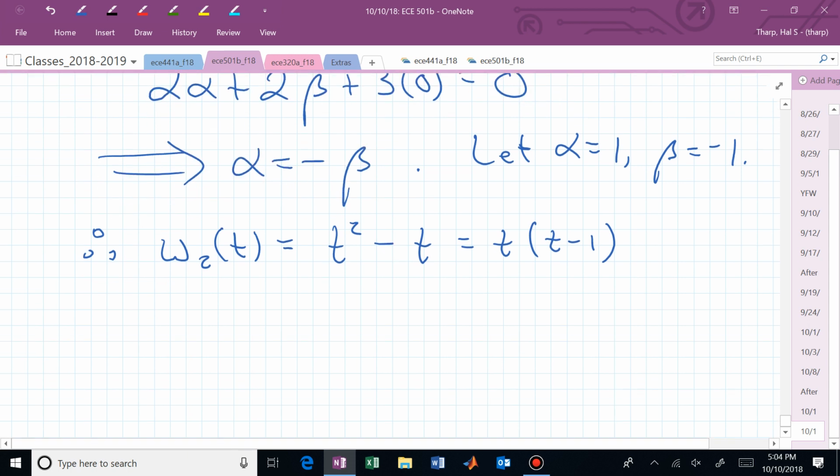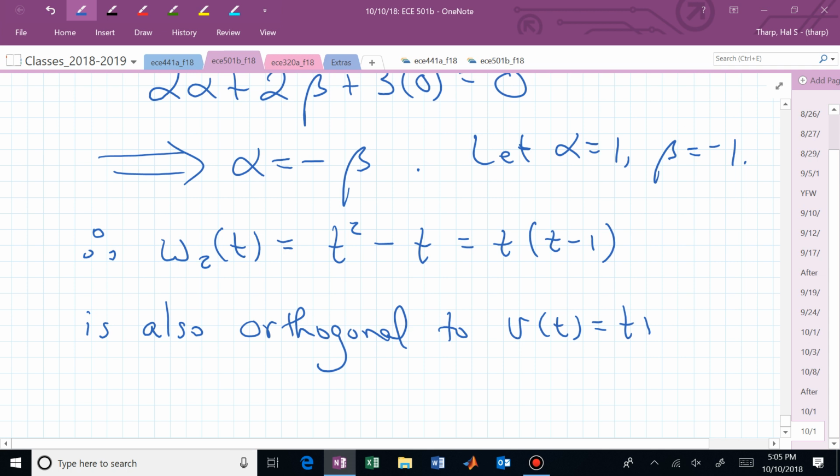And that is also orthogonal to V of t equaling t plus 1.